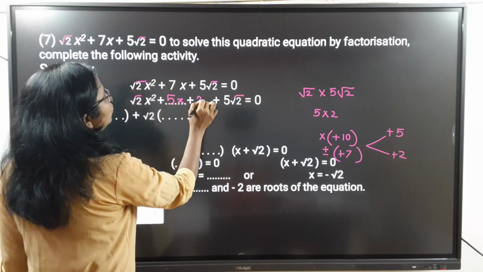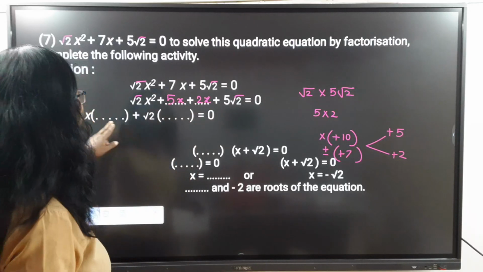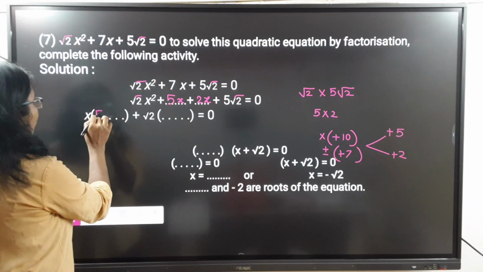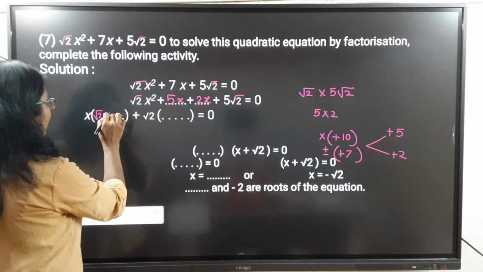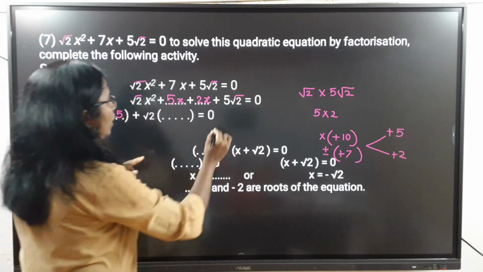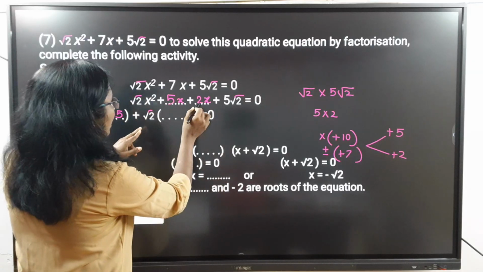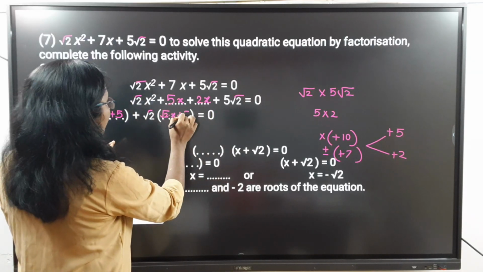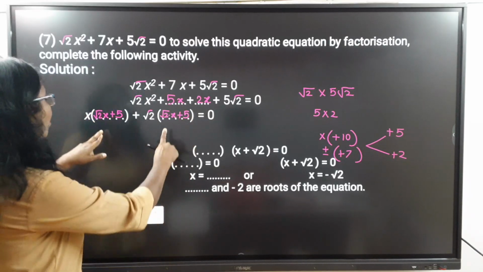So in this gap we write 5x plus 2x. Then the common factor is x, so we write root 2x plus 5 in the first bracket. Here also the common factor is root 2, so root 2x plus 5 is equal to 0. Now both the brackets are equal.